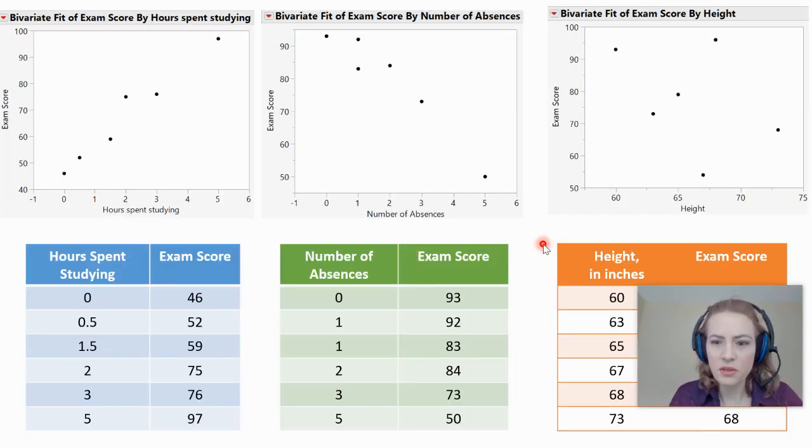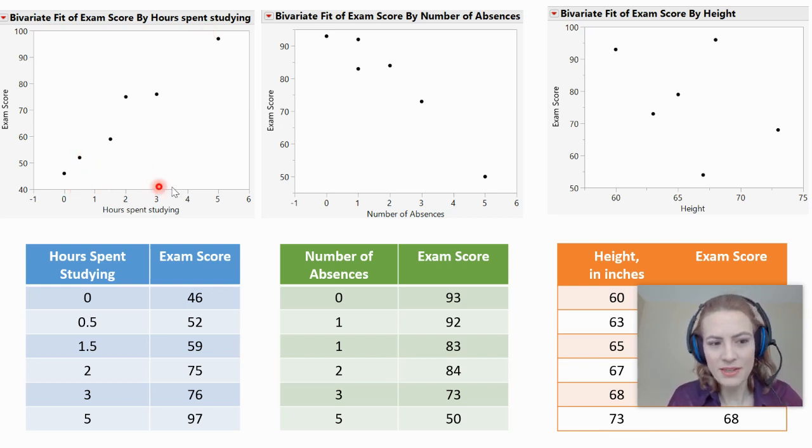All right, so here are those three data sets where we're looking at the relationship between some X value, like hours spent studying, and a Y value, which in this case is exam score. Here we see a pretty clear linear trend. There's a little bit of scatter, but it's pretty clear that these line up more or less. And the slope is increasing.